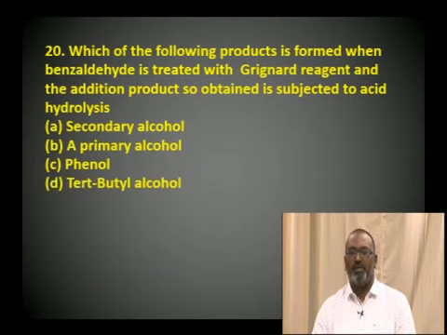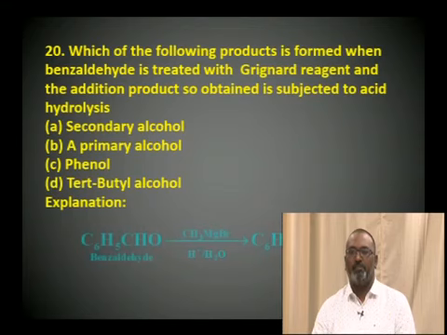So let us see the question once again. When benzaldehyde is reacting with Grignard reagent, we are going to get an addition product. That addition product is subjected to acid hydrolysis. Now let us see the reaction.